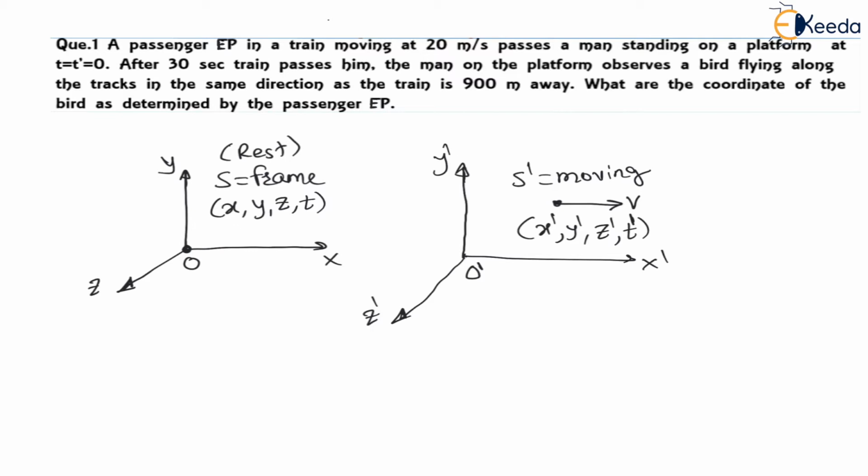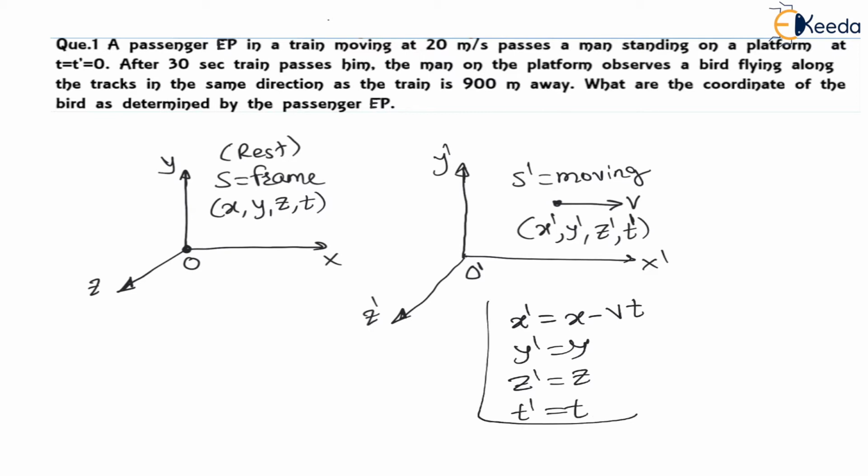The Galilean transformation is x dash is equal to x minus vt, y dash is equal to y, z dash is equal to z, and t dash is equal to t. Based on these four equations we are going to solve three numericals.